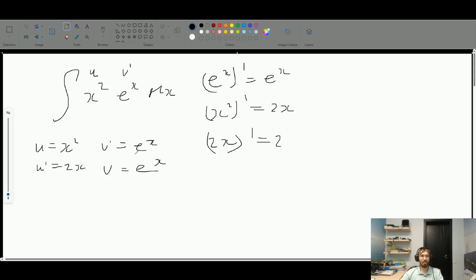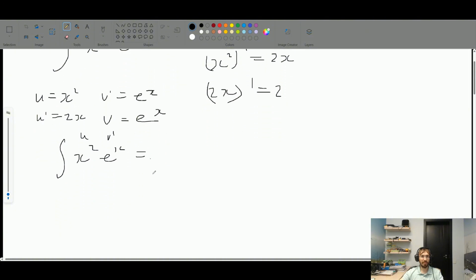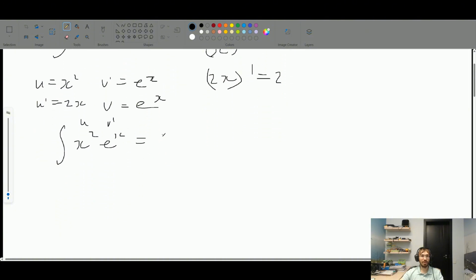With that said, we can continue. We have the integral of x squared e to the power x, with this being u and this being v dash. The formula is still the same, which is uv minus integral of u dash v.